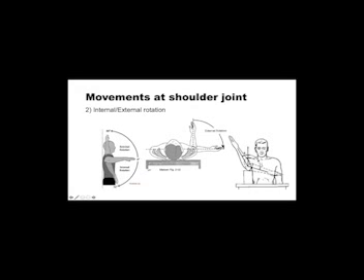Or you could bring your arm up about 90 degrees and do the same thing, except internal rotation would be bringing your hand down, and external rotation is bringing your hand up, much like when you high five.